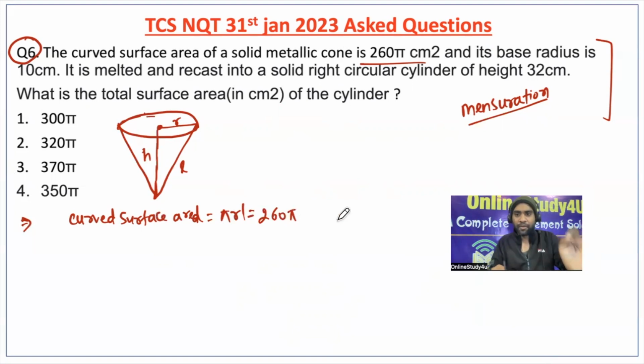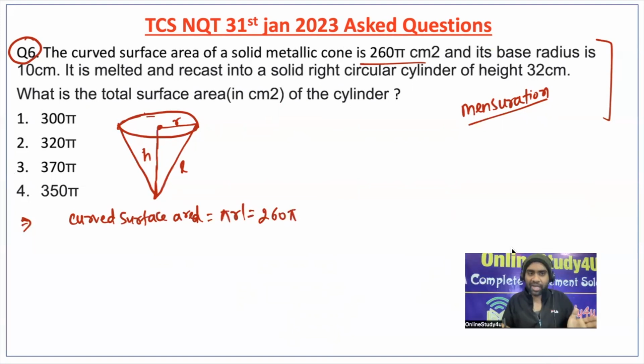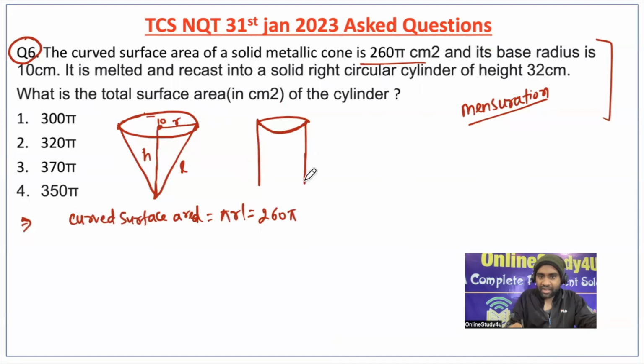Its base radius they have given is 10 centimeter, and it is melted and recast into a solid right circular cylinder of height 32 centimeter.